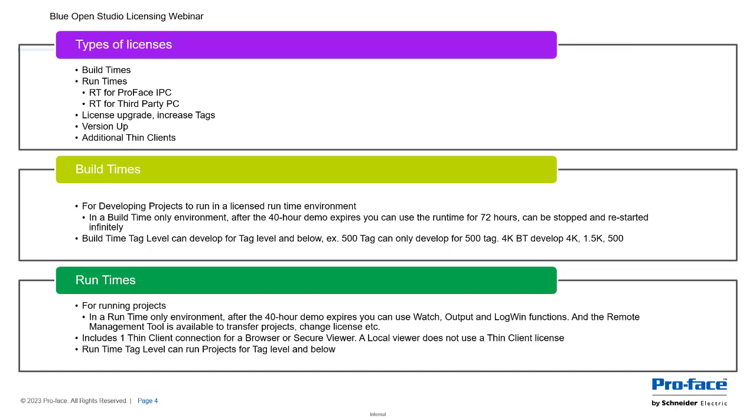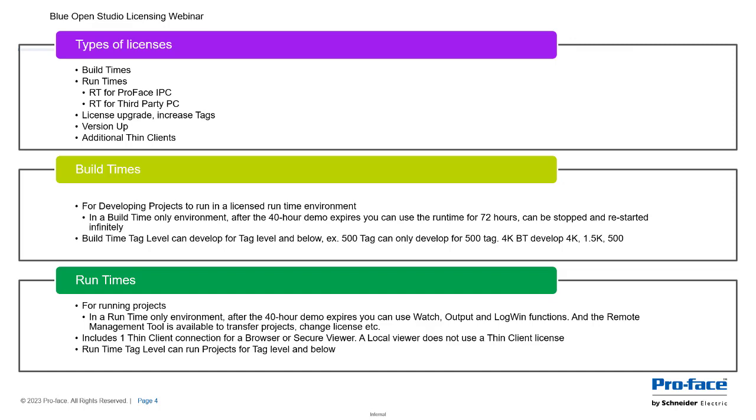Right. Okay. A little bit deeper dive into the runtimes. These are licenses for running projects. If you're just using the runtime after the 40-hour demo expires, you can use the watch output and logwin functions. Basically the watch window, the output window, and logwin. And the remote management tool is still available to transfer projects, change licenses, etc. Okay.